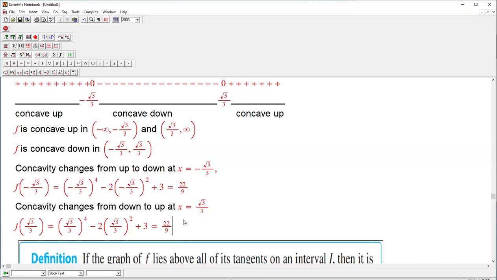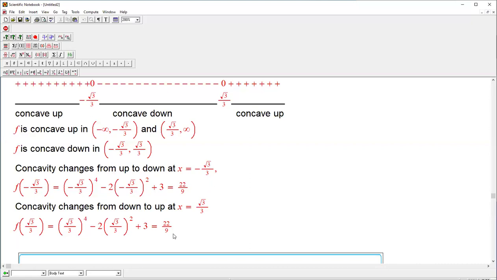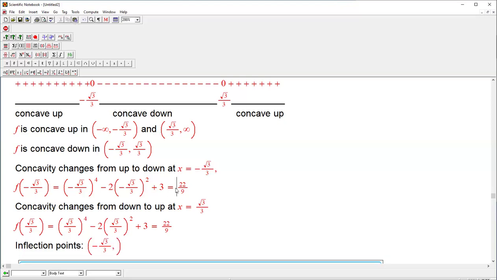It doesn't change the value. Okay, they're the same. All right, so inflection points. We have two of them. One is this point, with x and this output, right? And the other inflection point is positive √3/3, comma 22/9.